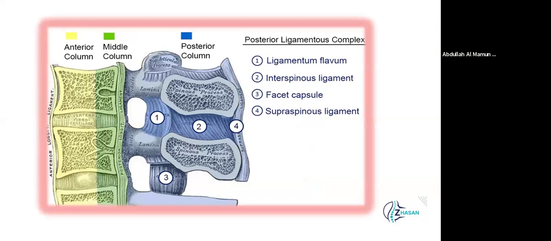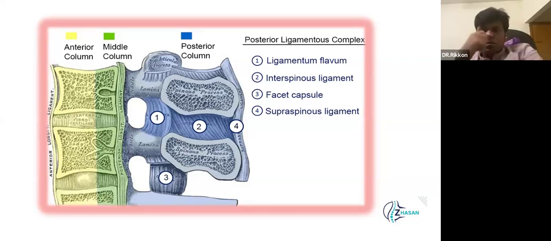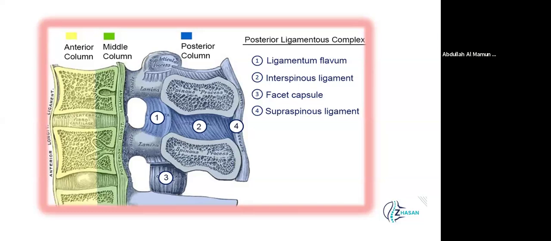The most important of these 4 or 5 ligaments is the supraspinous ligament. When you can see on the MRI that the supraspinous ligament is injured or broken, then you can say the PLC is definitely injured. Other than this, you cannot surely identify. During the case discussion, we can show you the PLC injury.